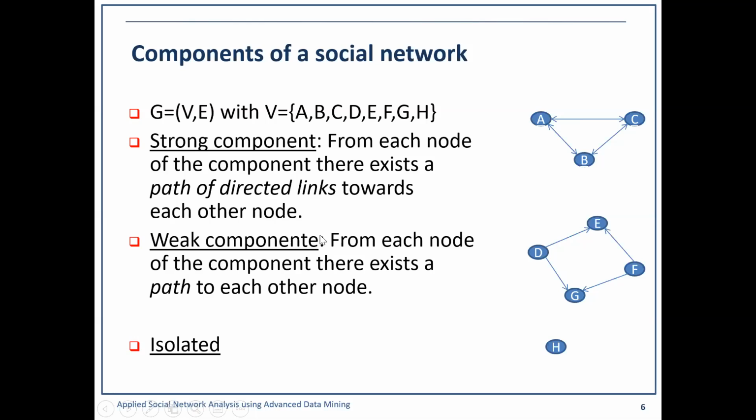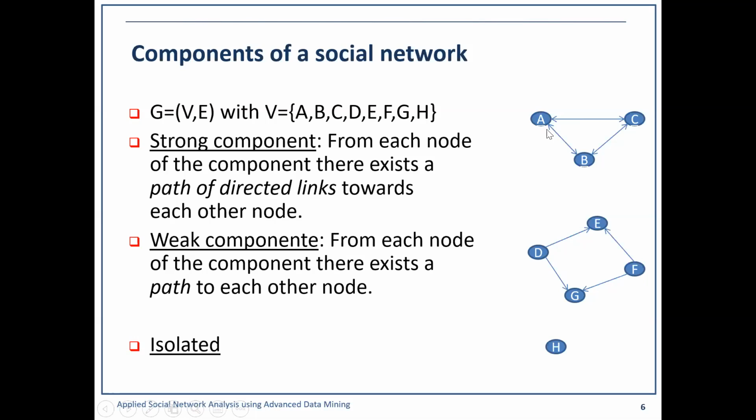Okay, that's what we call a weak component. That means, if we use the terminology of Facebook, for example, if a link would mean being friend, there is no friendship relation from D to F, for example.